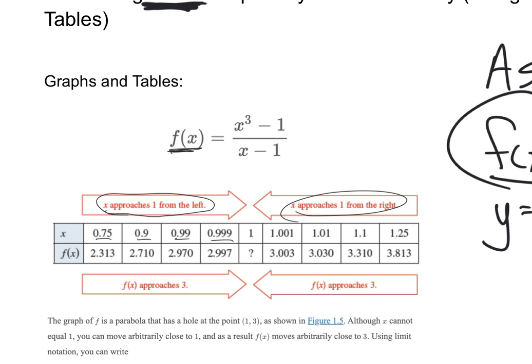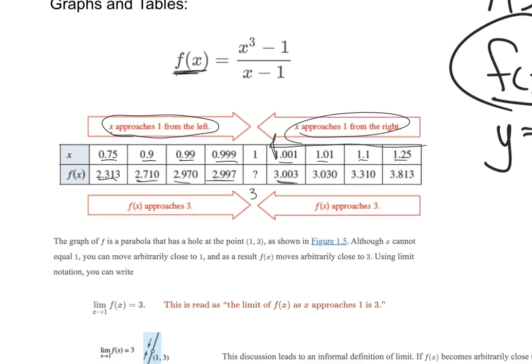We have 1.001, 1.01, 1.1, 1.25. So going backwards, these approach x from the right. What are these values approaching? 2.997, 3.003 are the ones closest to this. Well, it looks like it's approaching 3.